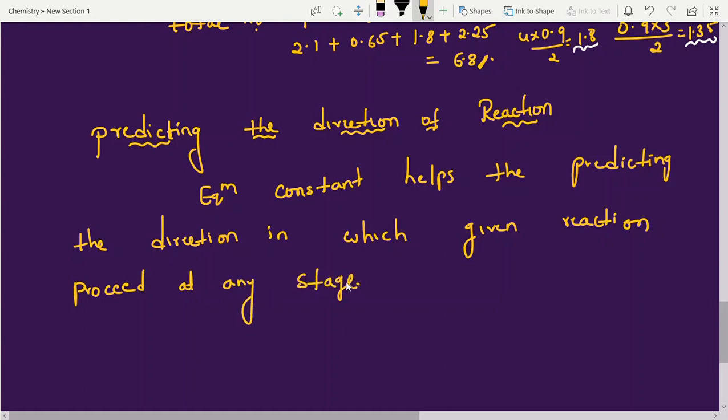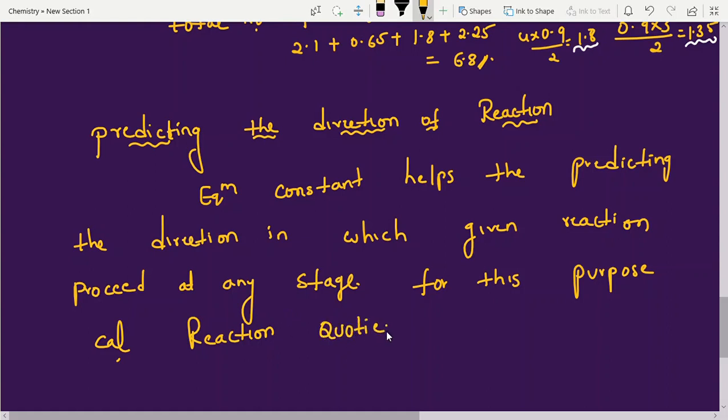For this purpose we are calculating reaction quotient. Reaction quotient is represented with the letter Q.